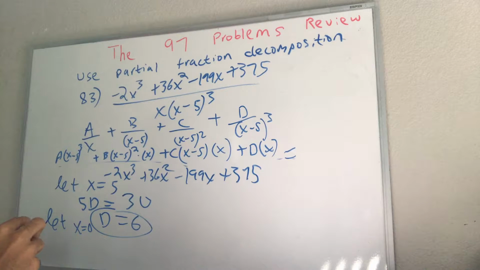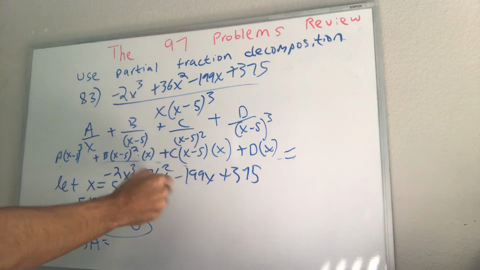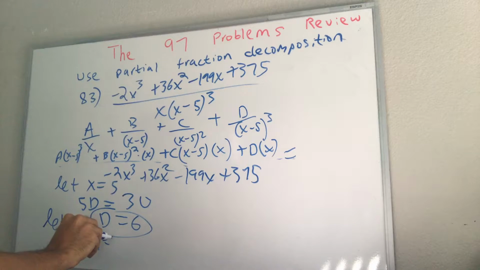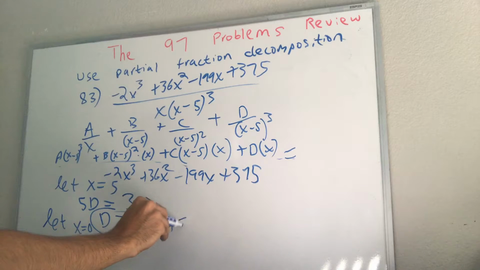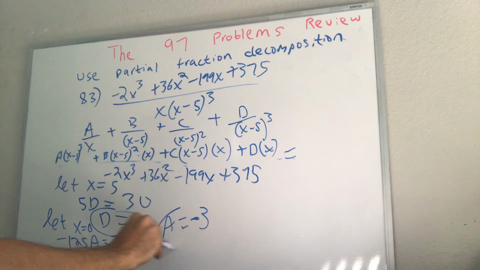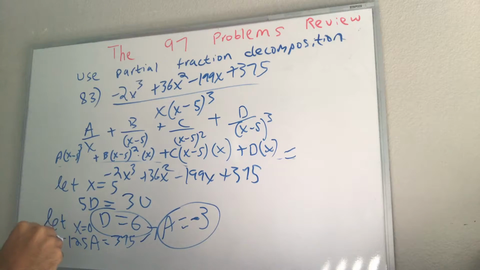That's negative 125A, if x is equal to 0, all of this goes away. Negative 125A is equal to 375. Therefore, the value of A must be negative 3. So we know that D is equal to 6, A is equal to negative 3, right? Those are the two values for D and A.